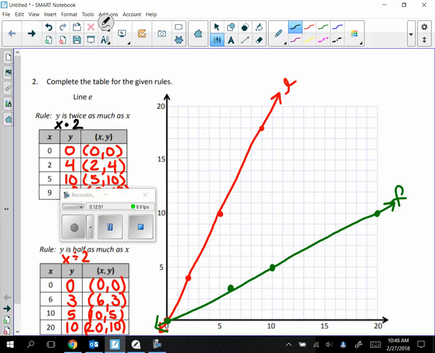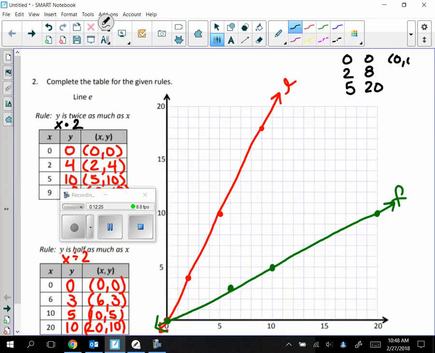Even though some of them I can't really use, I can't use 9, there's nowhere to put it. I can only use 0, 2, and 5. So if I use 0, what's 0 times 4? 0. 2 times 4? 8. 5 times 4? 20.